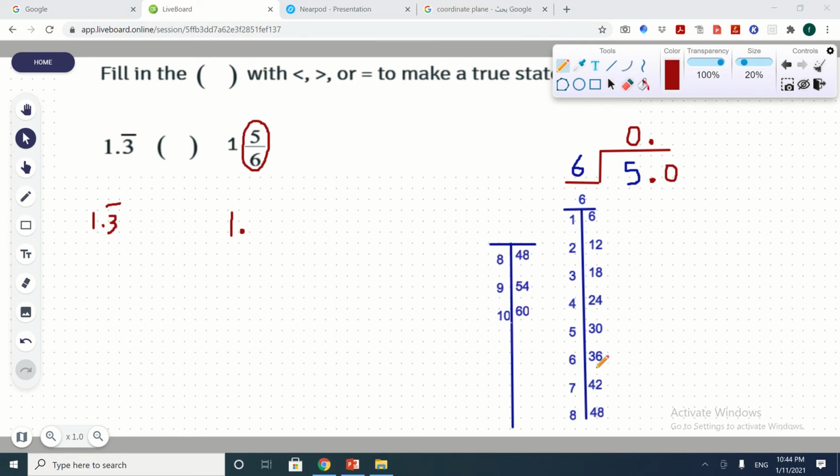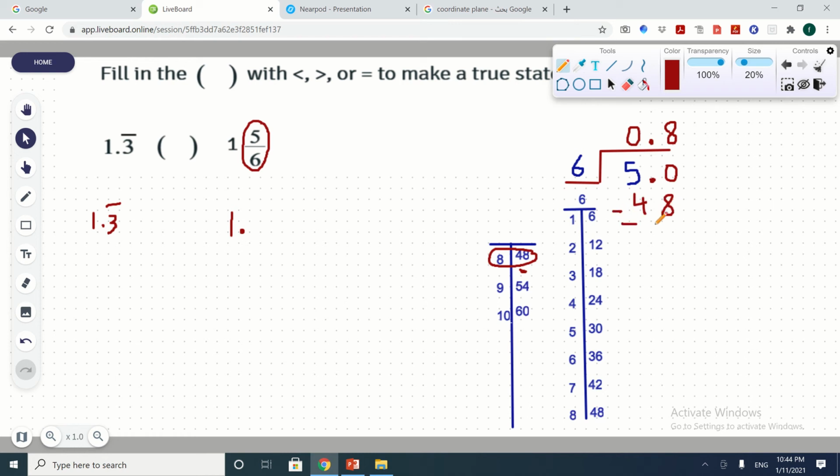Look at 50 here, where is the location for this number? ال 50 is here, it's between these two numbers. فبناخذ هذه، معناته أن ال 50 فيها 8. إذا ال 50 كم ستة فيها؟ فيها 8. 8 multiplied by 6, we have the answer here, it's 48.